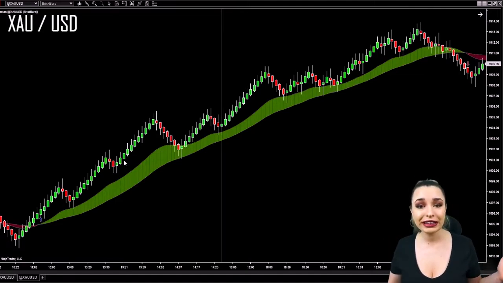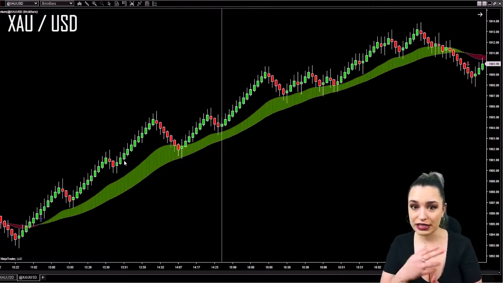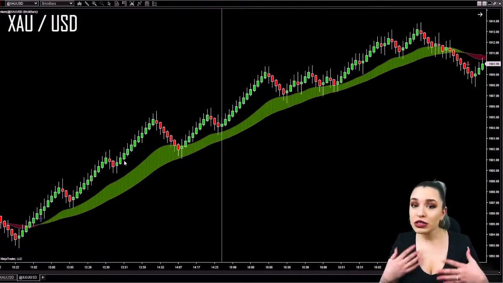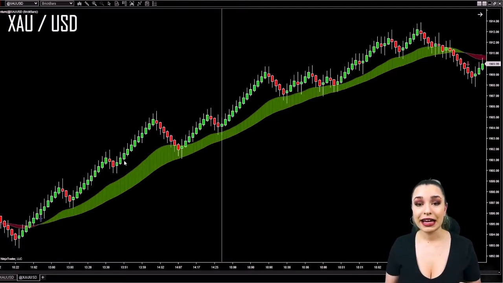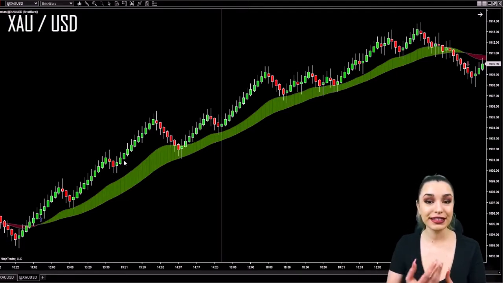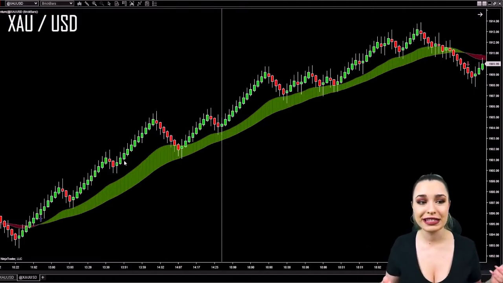So if the market has gone up until now and has decided now to go down, or vice versa, then the momentum trading indicator would audibly notify you that the market trend has changed. So now it's time to go back to this chart and have a look at what is happening.